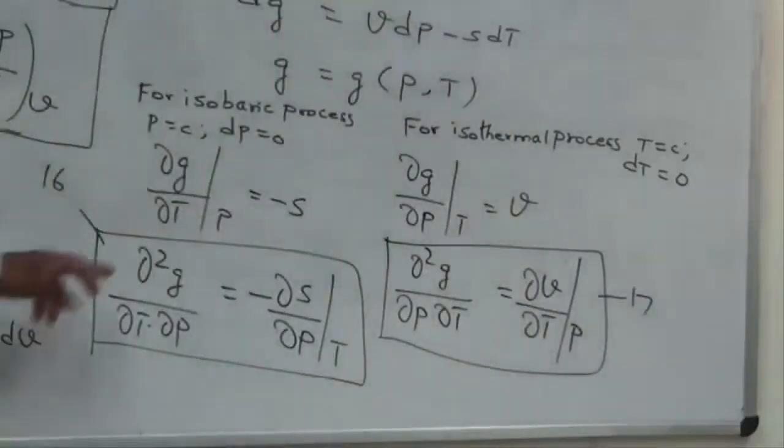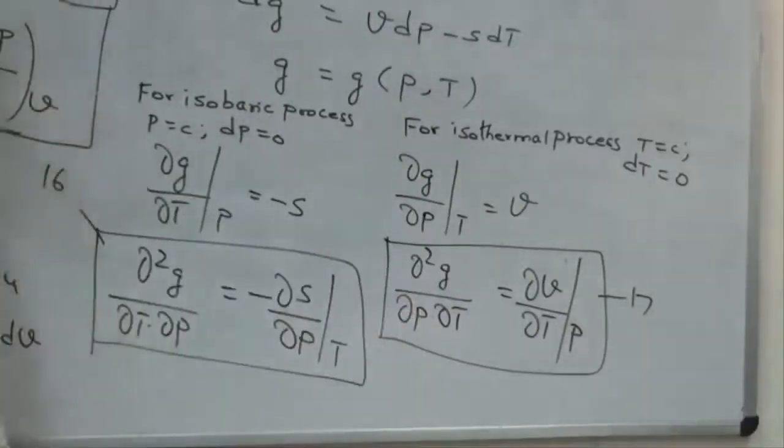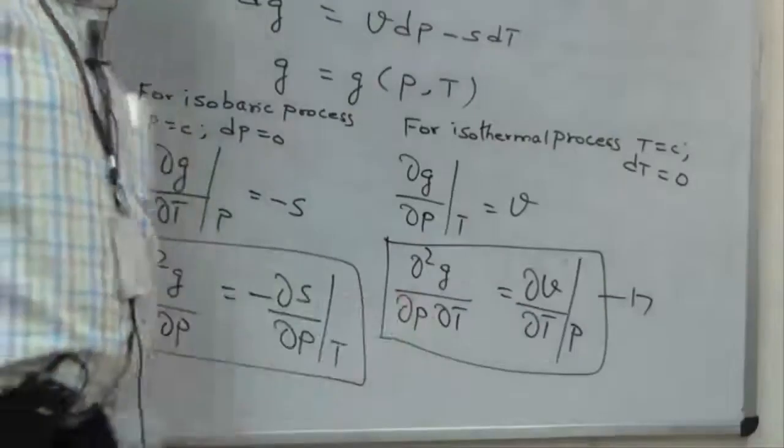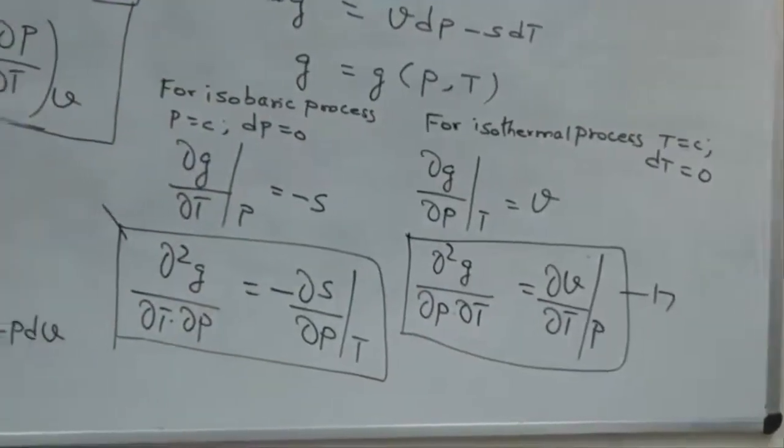As usual, the left side is ∂²G/∂P∂T, and here it is also ∂²G/∂P∂T. So the right hand side should be equal. That ends up with our fourth Maxwell relation.